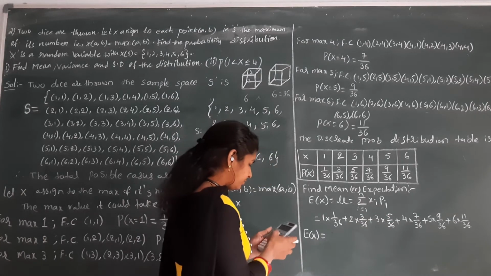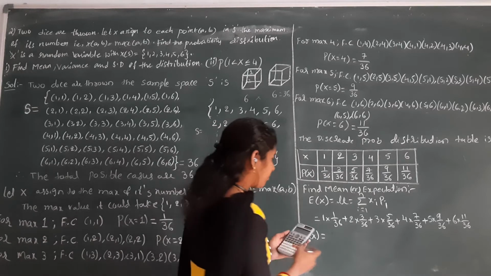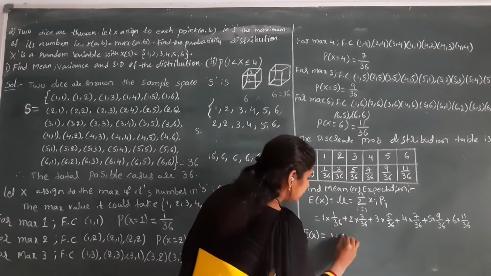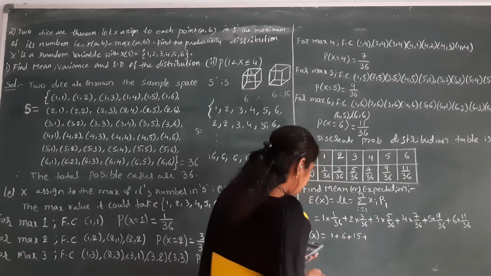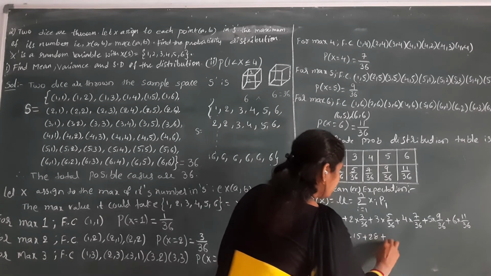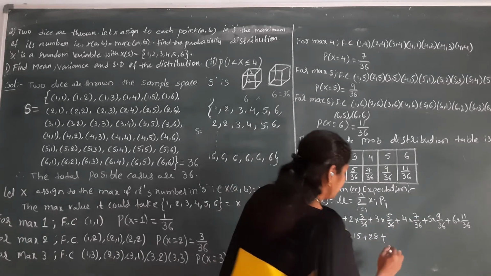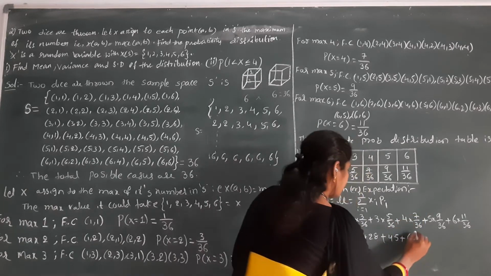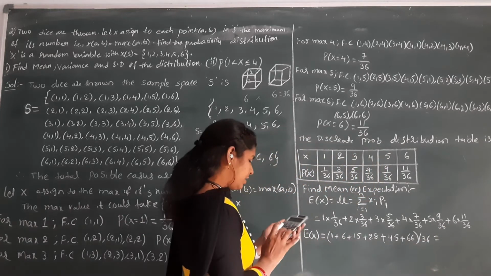Okay. Now, 1 into 1 is 1, plus 2 3s are 6, plus 3 5s are 15, plus 4 7s are 28, plus 5 9s are 45, plus 6 11s are 66, whole by 36.